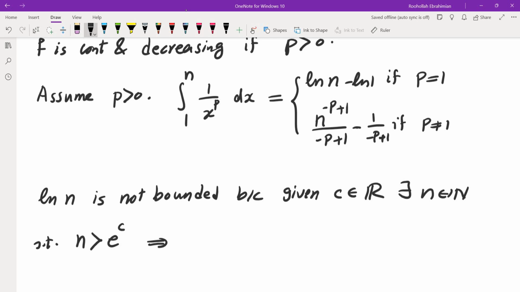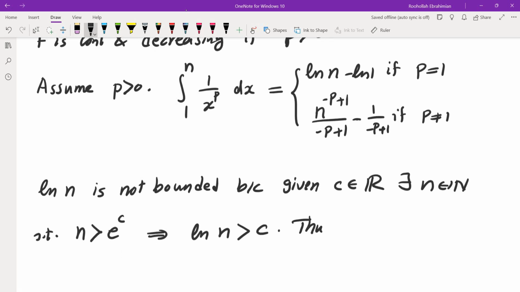So that means if I look at natural log of n, this is more than c. So that's not bounded. Thus, the integral from 1 to n of 1 over x dx is unbounded.